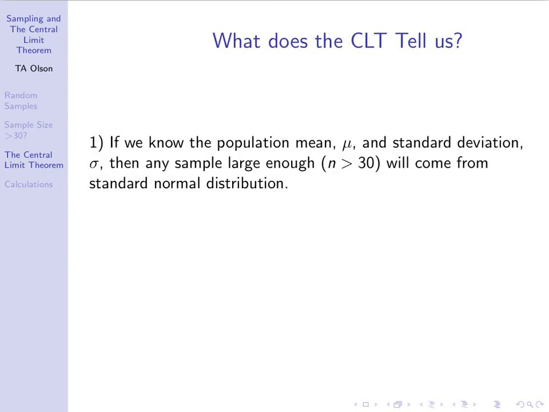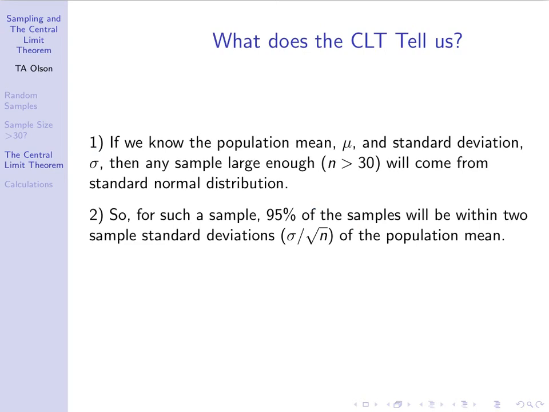All right, so what does the central limit theorem tell us? It tells us that if we know the population mean and the standard deviation, then any sample large enough is going to come from a normal distribution with the population mean as the mean of the sample distribution, and the standard deviation is shrunk to sigma over the square root of n for a sample size n.